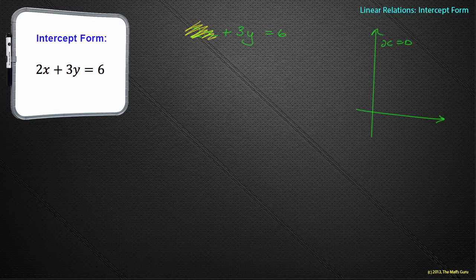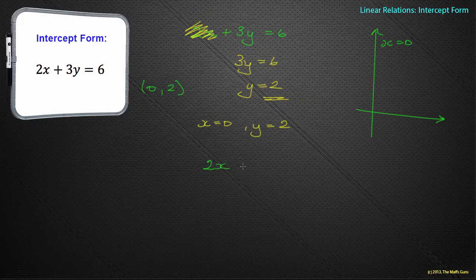And what does that leave me with? Well, it leaves me with 3y equals 6, or y is equal to 2. So hold on a moment. When x equals 0, you're telling me that y is equal to 2. Well, isn't that a coordinate? Sure is. So actually, I'm going to write that down. That's a coordinate that must fall on this line. It must be (0, 2), one of the coordinates on that line. Well, that's letting x equal 0.